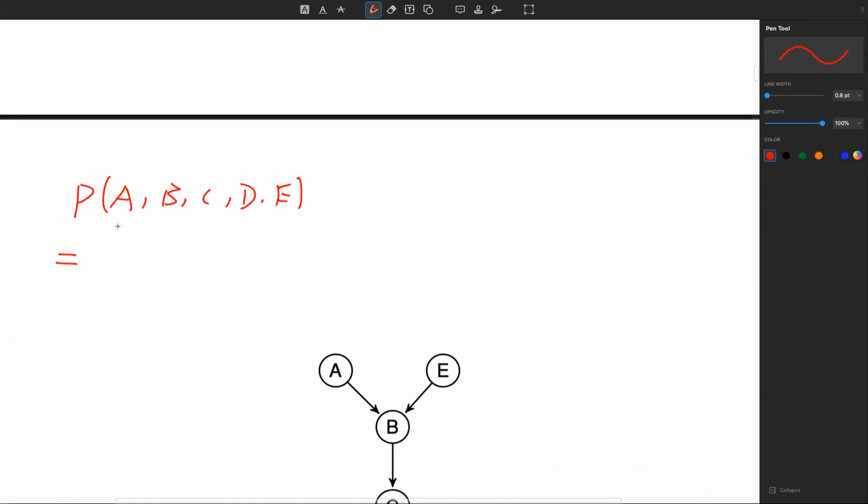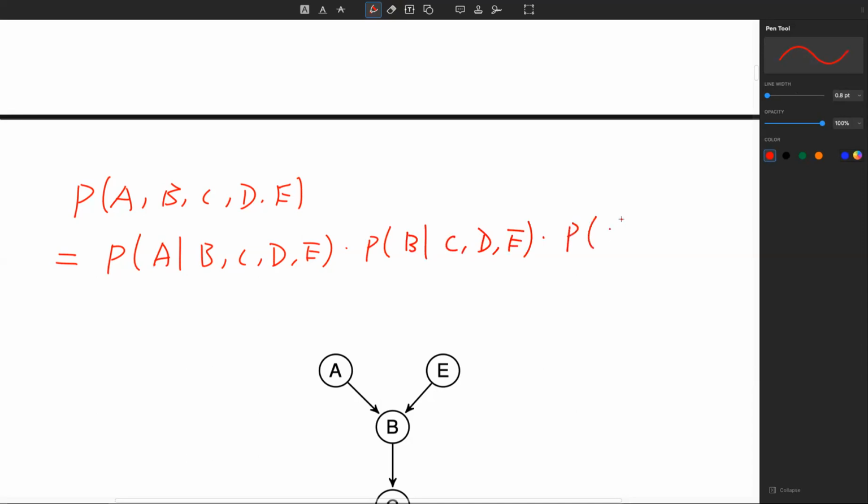That's equal to P of A conditioned on B, C, D, and E, times P of B conditioned on C, D, and E, times P of C conditioned on D and E, times P of D conditioned on E, and times P of E. That's how you write it out.